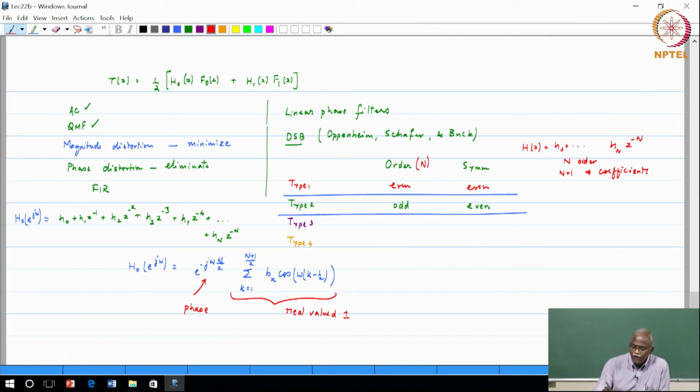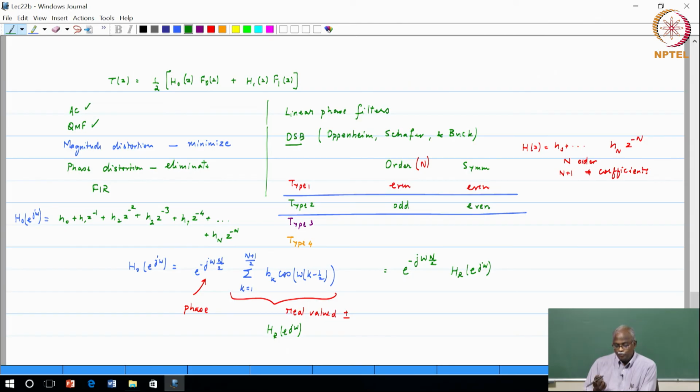So, we will call this some real valued function Hr(e^jω). Okay. So, very important, we can now write it as e to the power minus jωn by 2 times Hr(e^jω).